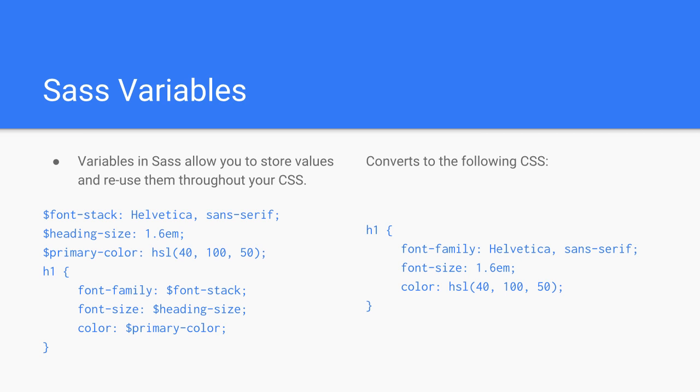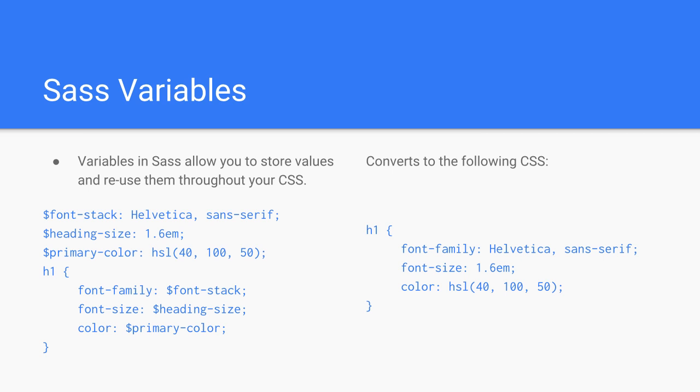One is variables in our CSS. Especially once you get longer CSS, you're getting a bigger site, it's getting more complicated, you may find that you really would like to reference the same value often in your code. Sass lets us do this using variables. So over here we can say, here's our font stack, here's our heading size, here's our primary color, and then we can reference those in our CSS.